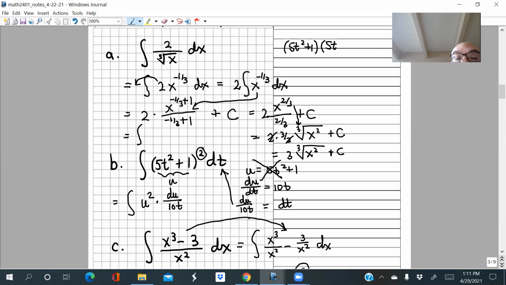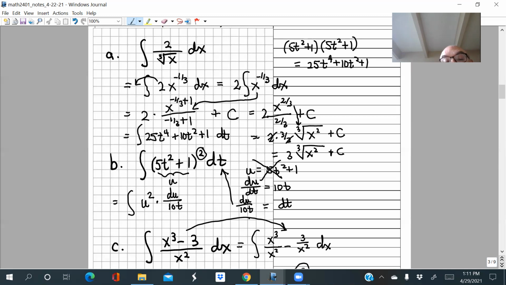That's the same as squaring it, right? So I can actually expand this square by multiplying 5t squared plus 1 times 5t squared plus 1. And once you go through the algebra, that ends up being 25t to the 4th power plus 10t squared plus 1. So I can write my integrand as 25t to the 4th power plus 10t squared plus 1 dt.